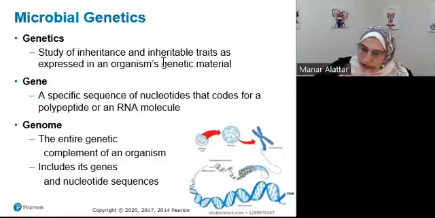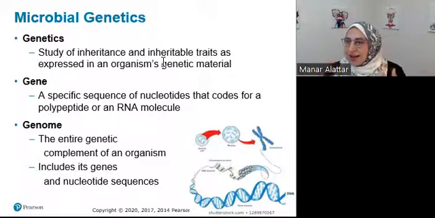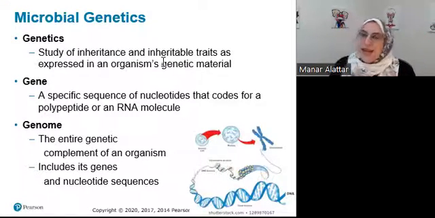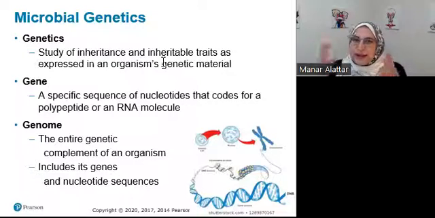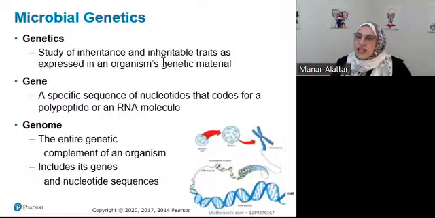Each science has a unit that it works with. If you're talking about chemistry, you're often looking at the unit of an atom. If you're talking about biology, you're often looking at the unit of a cell. There are other units as well, but generally speaking, the unit of genetics is the gene.